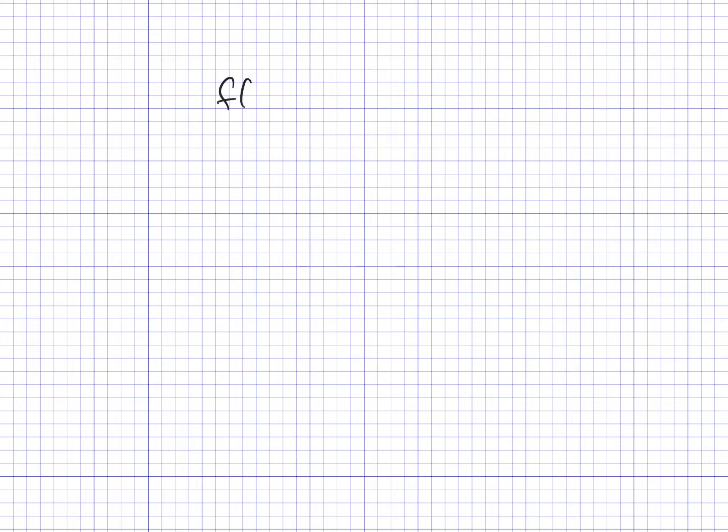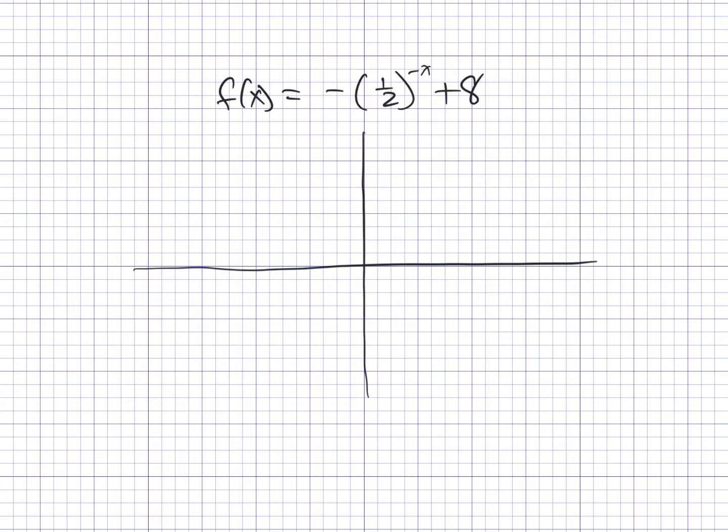Graph this one. f(x) equals negative (1/2) to the negative x plus 8. You've got 30 seconds. Okay. So first of all, it's (1/2) to the x, so our parent function is that.